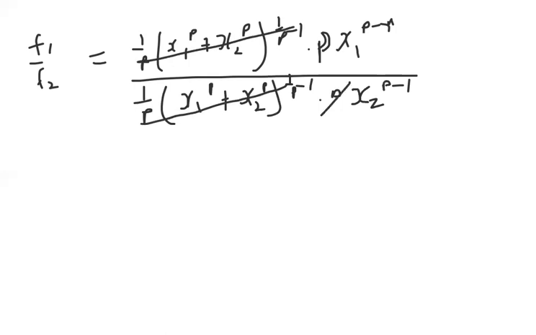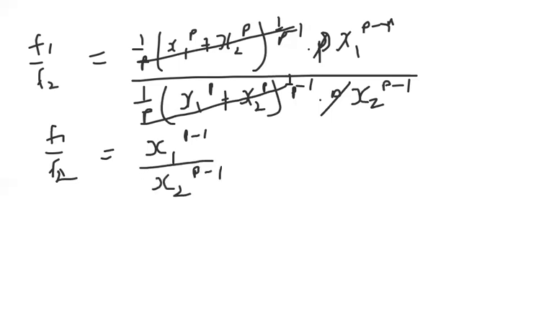So you have f1 over f2 equals x1^(5-1) over x2^(5-1).